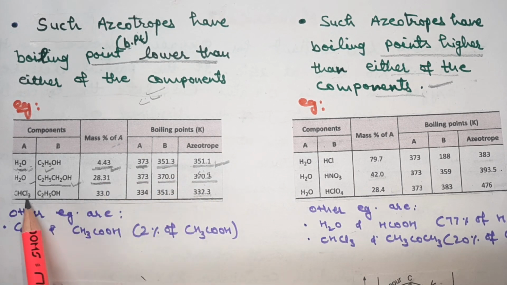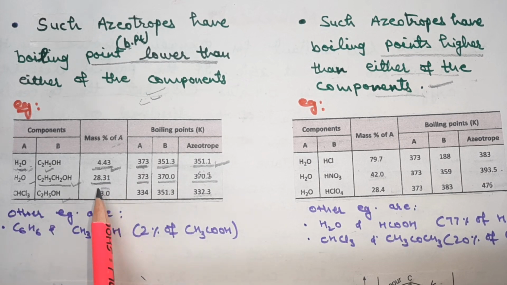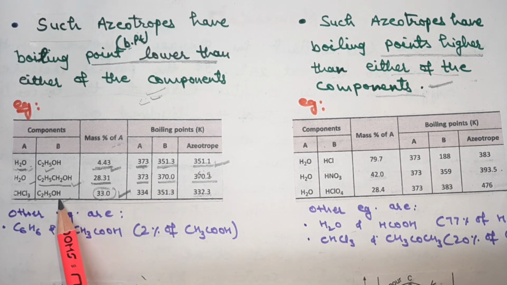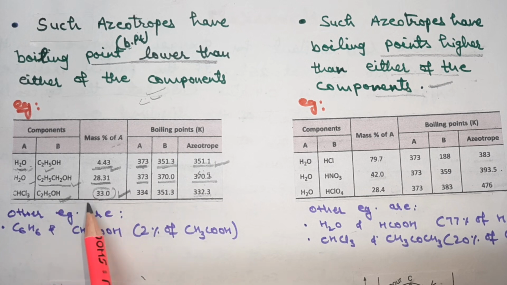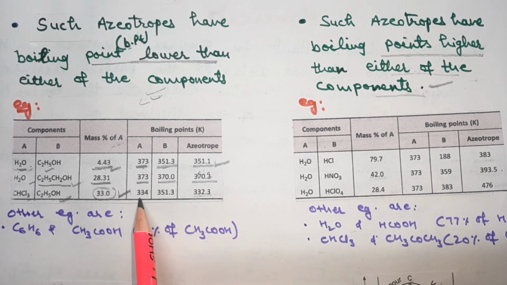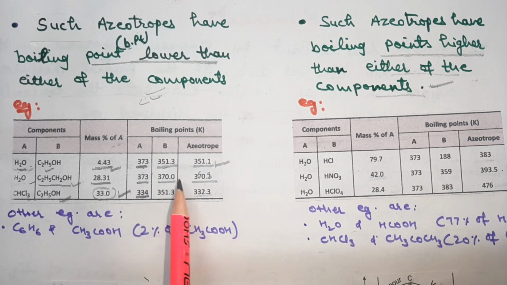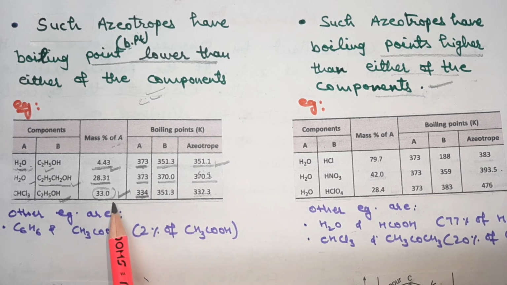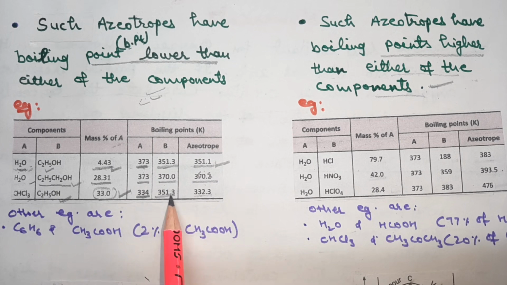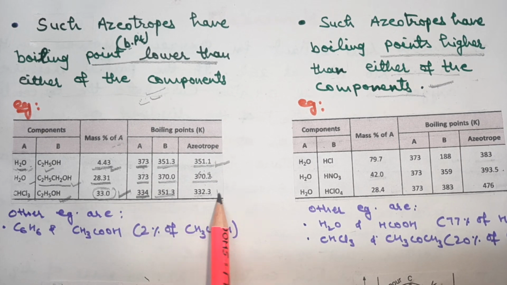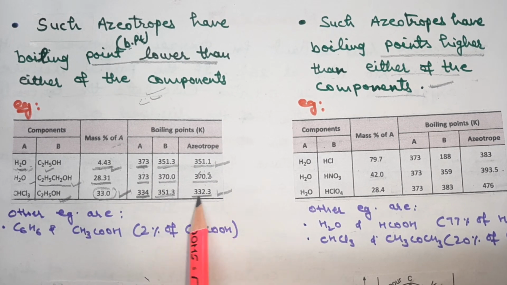So next is chloroform and ethanol. Mass percentage of chloroform when attains 33.01, तो rest, obviously rest is that of ethanol. Then same we can say that boiling point of chloroform, that is 334, and boiling point of this ethanol is 351.3. और जब एजियोट्रोपिक मिक्सचर बन जाता है तो उसका बॉइलिंग पॉइंट जो है वो 332.3 है.